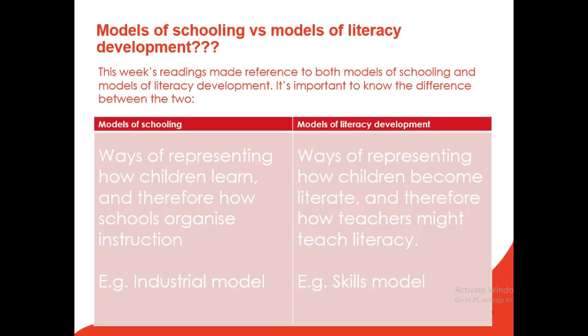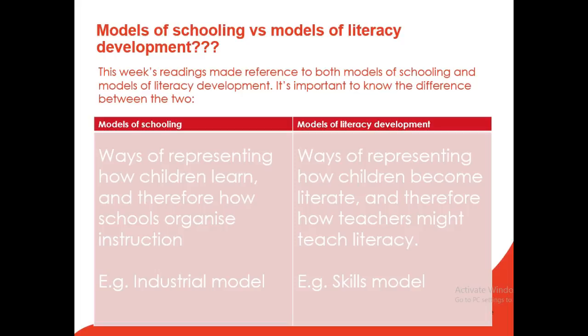You've got the teacher probably working from the front of the room, directly instructing children from the board, and everybody is delivered the same thing at the same time in the same way. So there's little emphasis on differentiating instruction or paying attention to children's individual needs or interests.